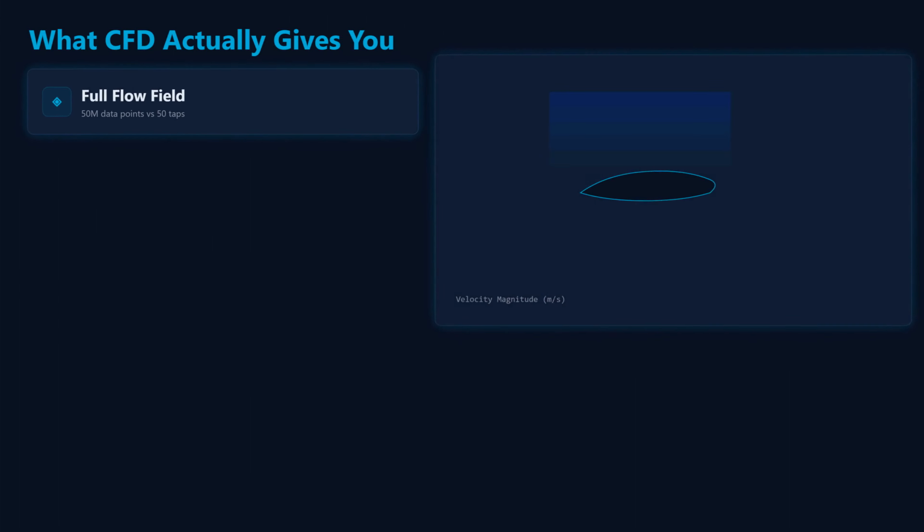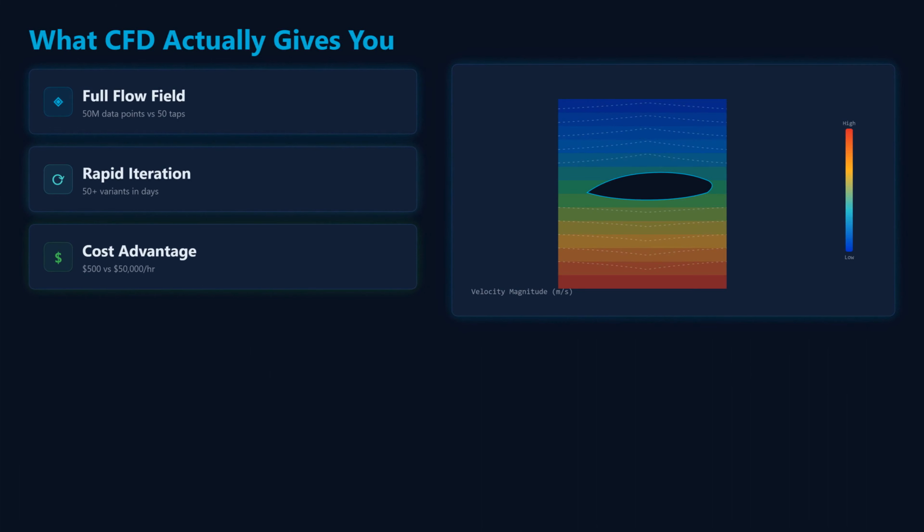When you run a CFD simulation, you get data everywhere: velocity, pressure, temperature at every single cell. A wind tunnel gives you data only where you place instruments: 50 pressure taps versus 50 million data points. Then there's iteration speed. Changing a geometry in CFD means modifying a CAD file.